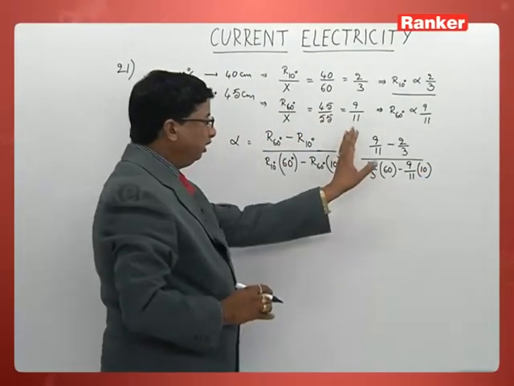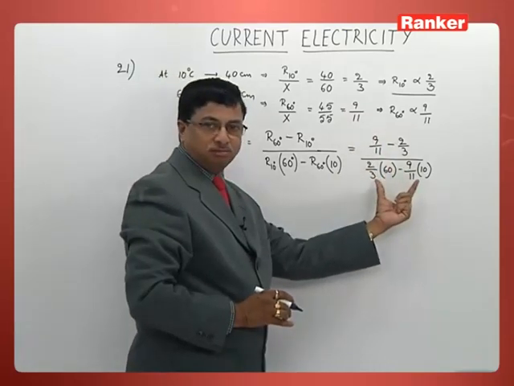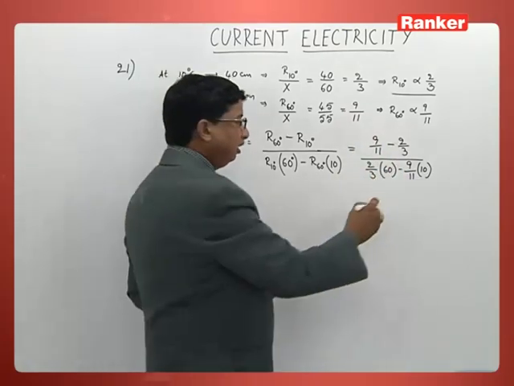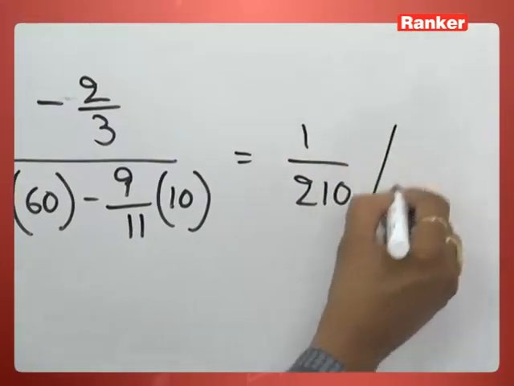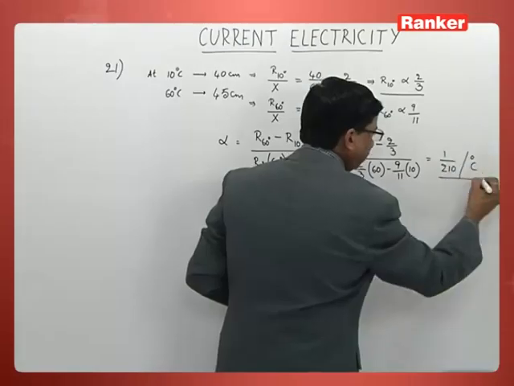If you simplify this equation, you will get 1 by 210 per degree centigrade.